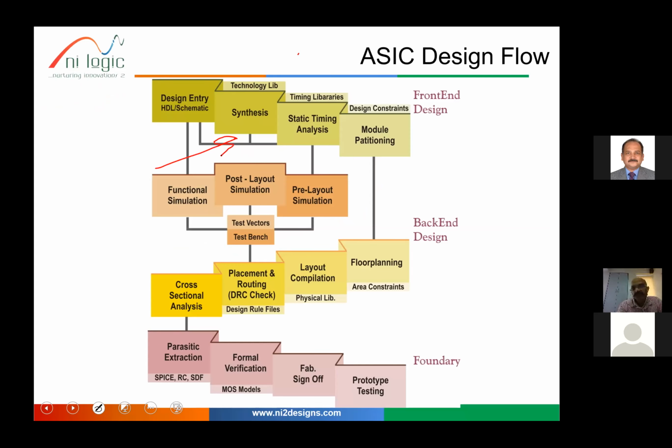It converts your design entry into a netlist. Netlist means an interconnection of the components. Let's say there were 3 AND gates. So this is how it will write in text, because this is what the computer understands.